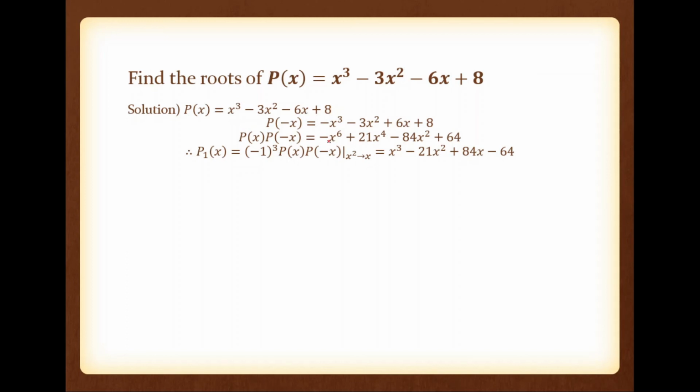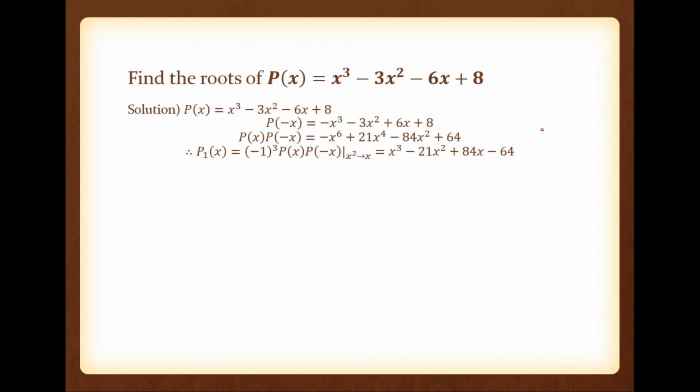So x raised to 3, this 6 will become 3, x raised to 3. Minus 1 is removed, so minus 21 x raised to 2. Then the minus sign is removed, so plus 84x. Minus sign is removed, so minus 64. That is this one. So x raised to 3 minus 21 x raised to 2 plus 84x minus 64. So this is p1. Now by using the coefficients of this one, find the roots of p.